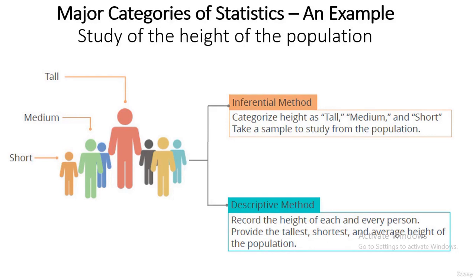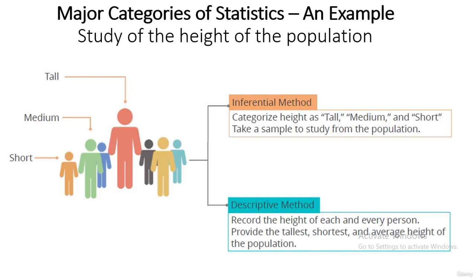Let's take an example, a study of the height of the population. The height can be short, medium and tall. In the descriptive method, we record the height of each and every person. That means you are taking the height of every person in the data provided, so we provide the tallest, shortest and average height of the population.